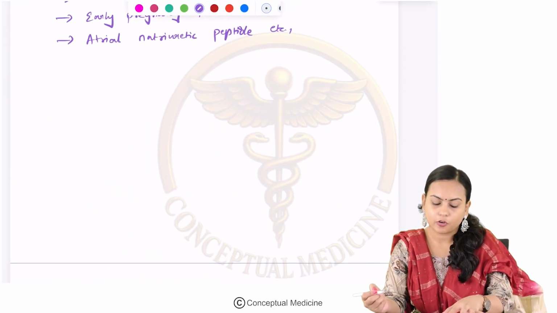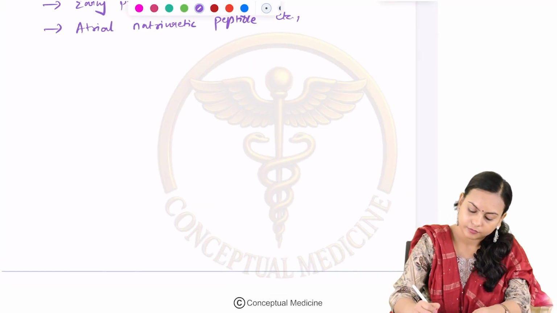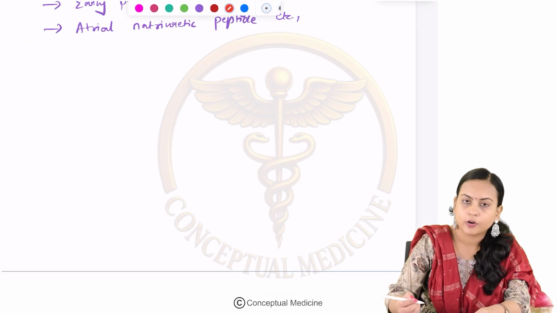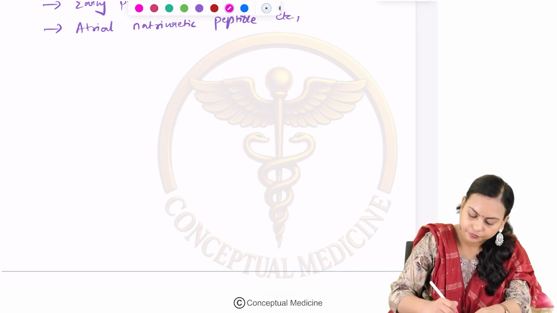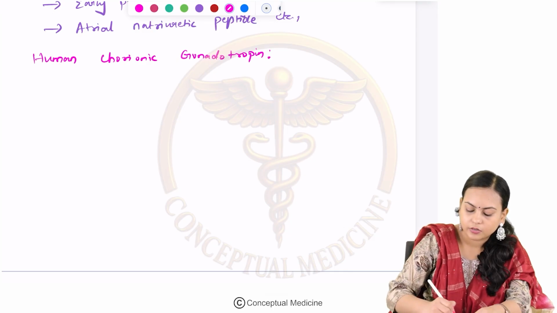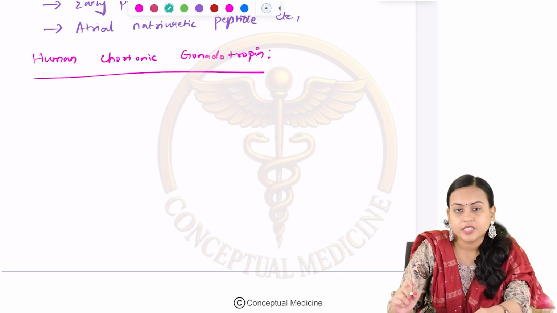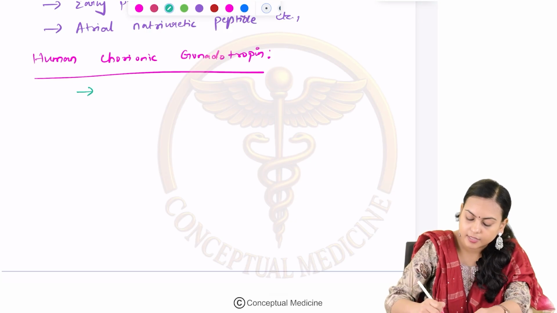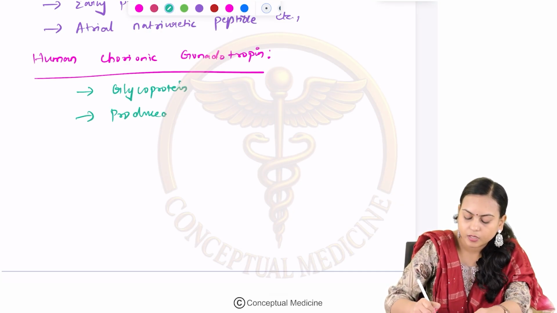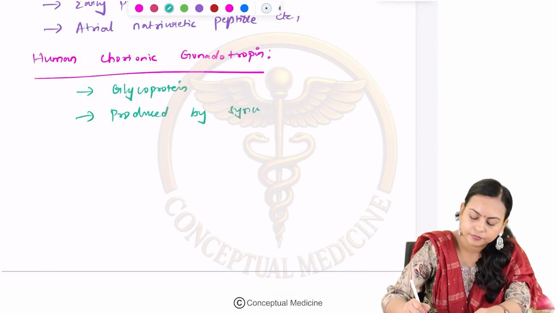Now, we will see the important hormones one by one. First one, we will see about human chorionic gonadotropin. Human chorionic gonadotropin is a glycoprotein produced by syncytial trophoblast.